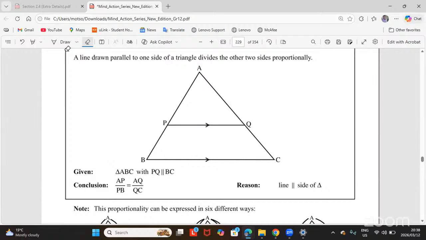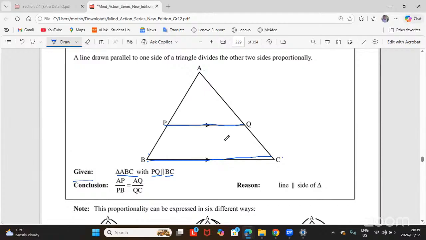You will be given, like they said, a triangle in front of you on the paper. You are writing the exam, there is a triangle ABC. And on that triangle, you are also given that PQ, which is the line they threw there, is parallel to BC, and PC is the other side of this triangle.